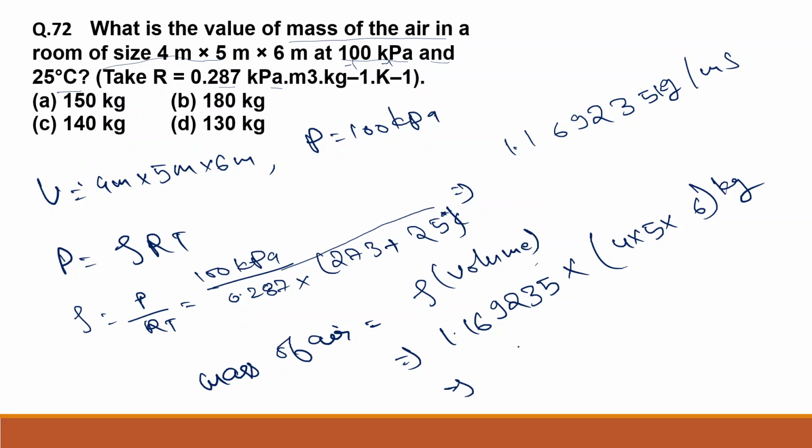By solving this we get the value of mass of air is 140.308 kg. We get the mass of air. Mass of air is option number C will be our right answer.